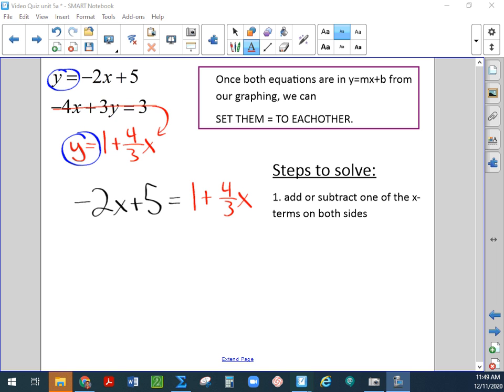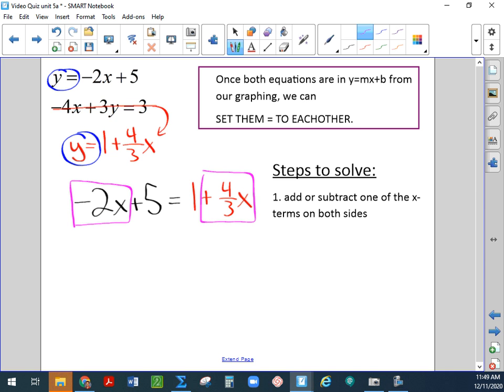The first step is to add or subtract one of the x terms on both sides. We have an x term of negative 2x, and an x term of plus 4/3 x. It does not matter which one you do, but for consistency's sake, I will take the one on the right-hand side and work with that one.